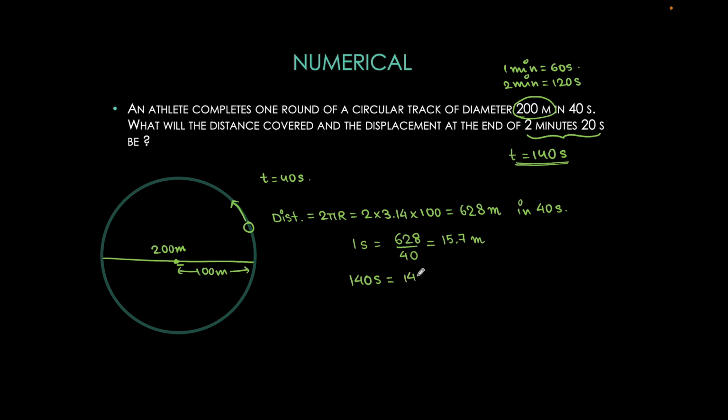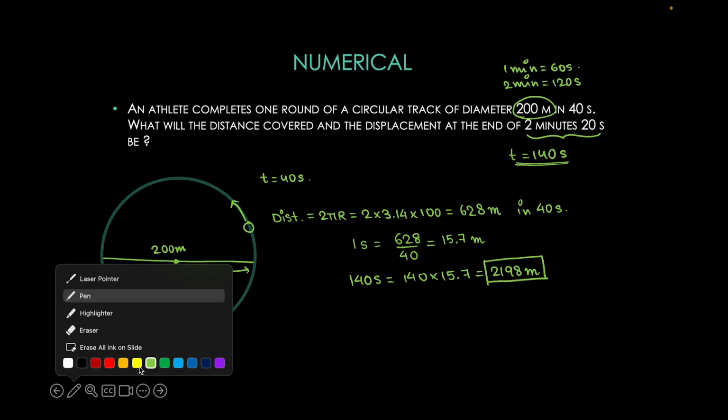It's 140 into 15.7, which is almost equal to 2198 meter. So this here is the total distance traveled in 140 seconds, or you can say 2 minutes 20 seconds. Now the tricky part comes here, where you are asked to find the displacement.